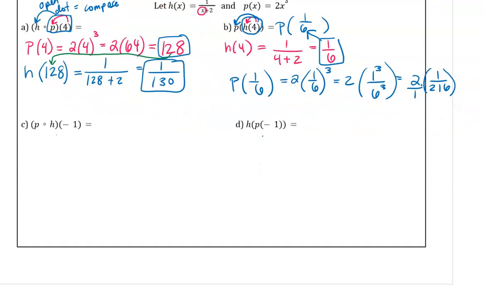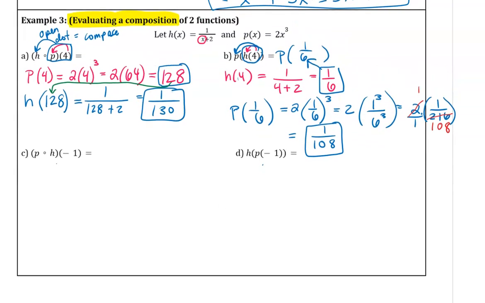And so I can reduce, 2 can divide evenly into 216. It would become 108. So p of h of 4 becomes p of 1 over 6, which becomes 1 over 108.